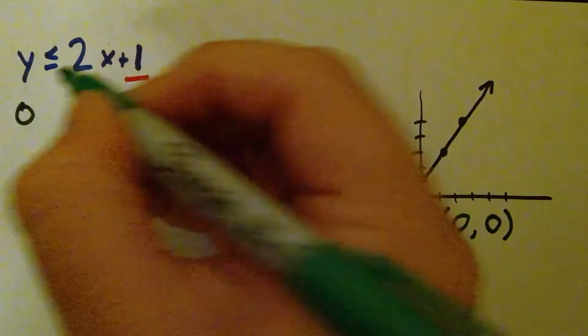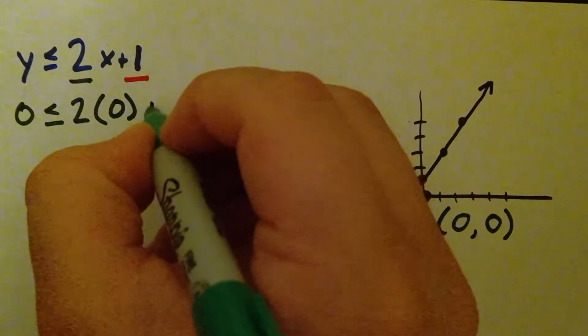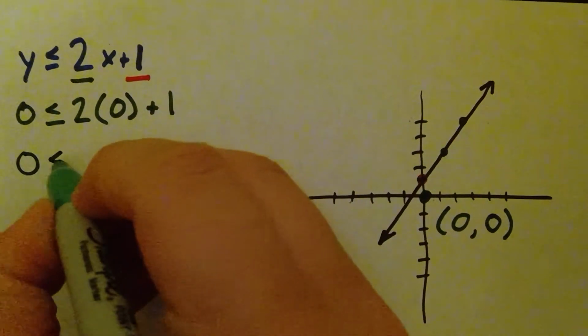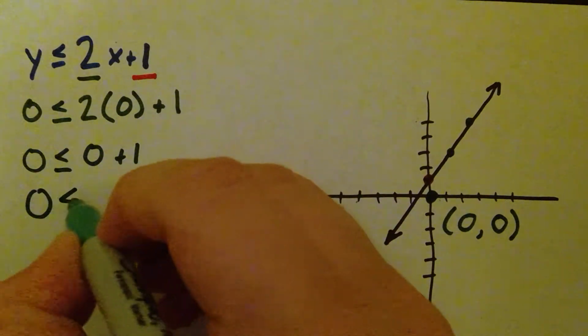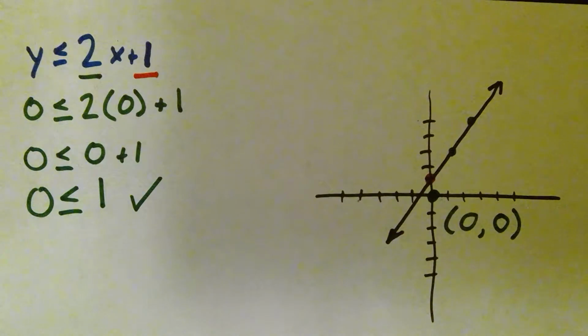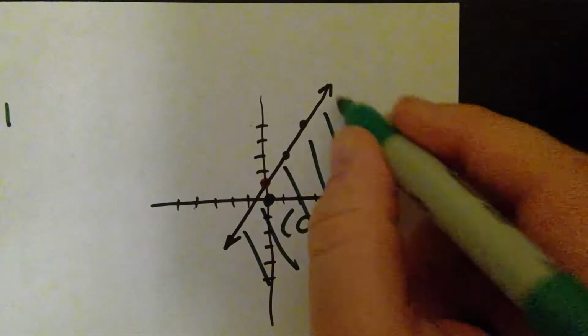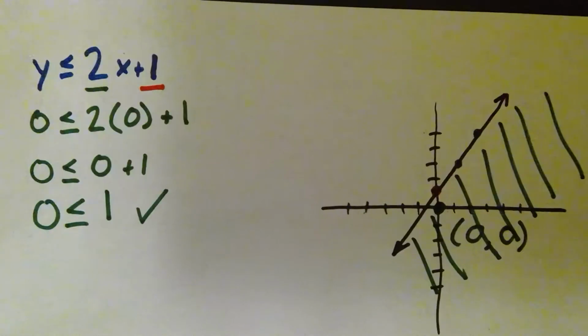My y value is 0, less than or equal to 2 times my x value, 0, plus 1. 2 times 0 is 0, plus 1. 0 is less than or equal to 1. That is true. So I need to shade on this side of my inequality. Everything on the right side of my line could be a solution to this inequality.